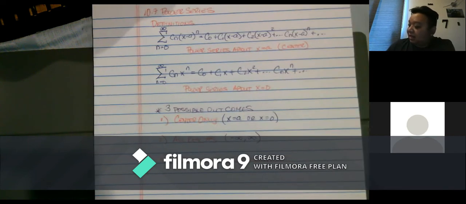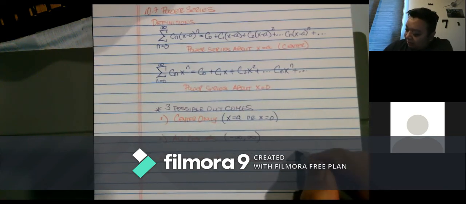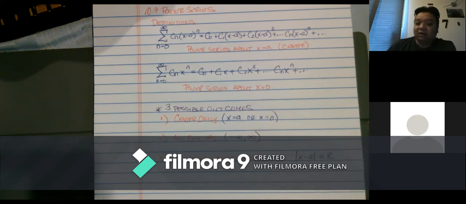So let's say the absolute value of x minus a is less than R. So it's sort of R away from your center. Okay, and so those are the three possible cases where your power series are going to converge.